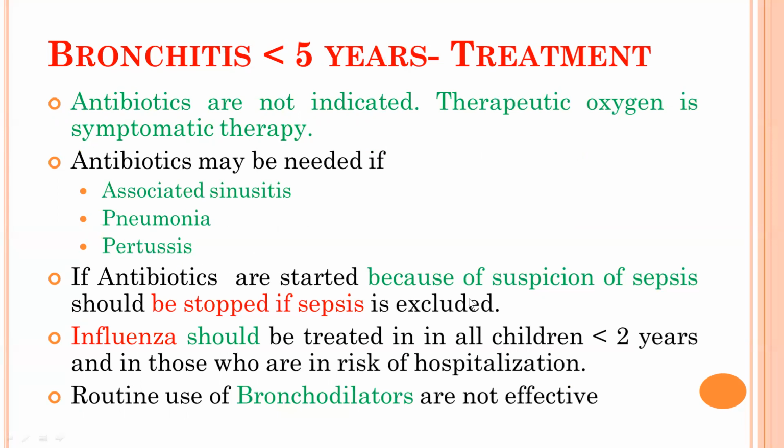If antibiotics are started because of suspicion of sepsis, they should be stopped if sepsis is excluded. Influenza should be treated in all children less than 2 years and in those who are at risk of hospitalization, even if their age is more than 2 years. Routine use of bronchodilators is not effective.